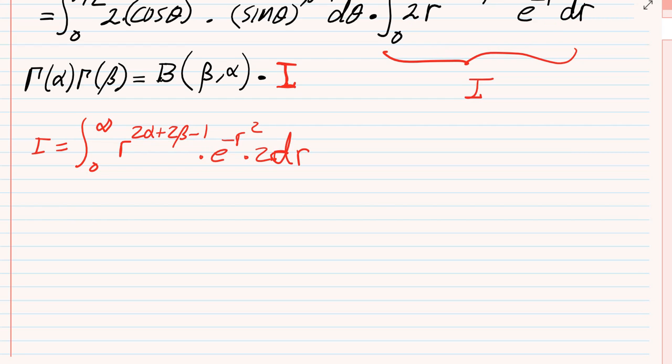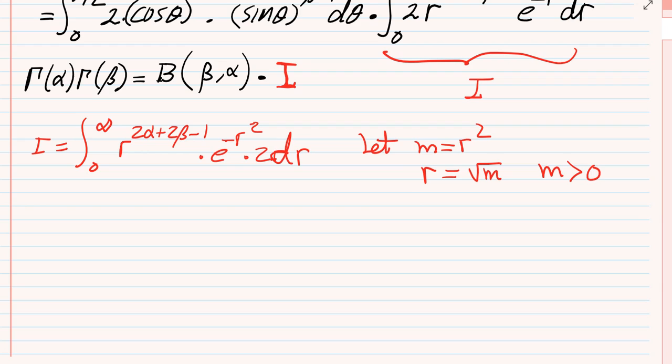The reason is that I'm going to let m be r squared, so that r is equal to the square root of m, and because r is positive, the square root of m has to be positive.